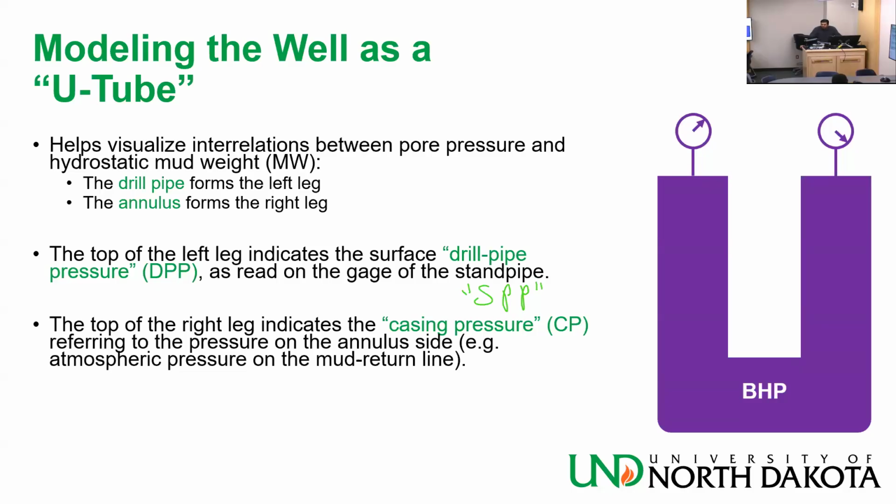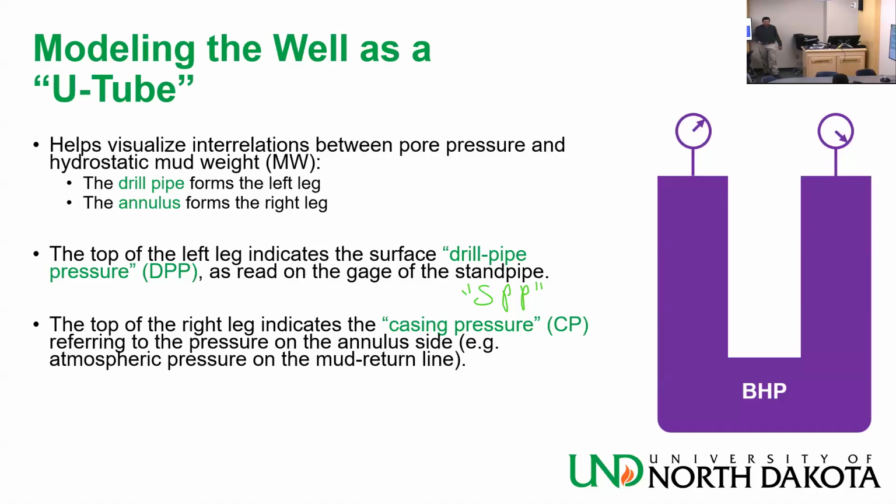Formation pore pressure, you don't really know for certain. You think you know it. You hope that what you think is accurate, but you are not really certain. And of course, if you know surface pressures and you know mud weight, you can very easily calculate BHP.